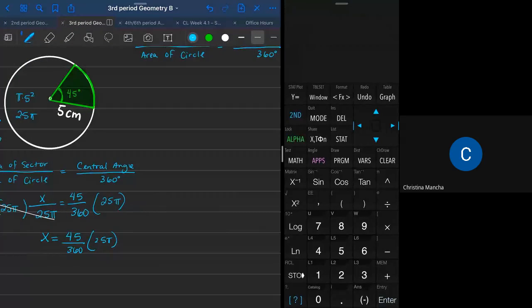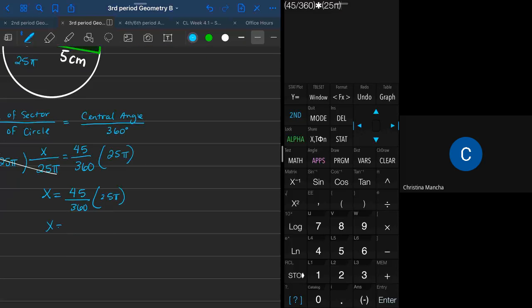Go ahead and clear your calculator. Okay. And you'll have 45 divided by 360. I did put it in parentheses because I wanted it to stay together. And then times 25 and then we'll put second pi, and then close the parentheses. So both of those can go in their own set of parentheses.